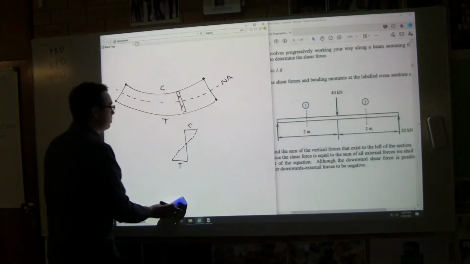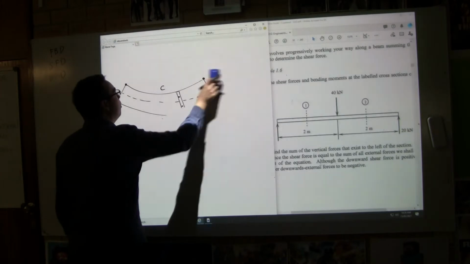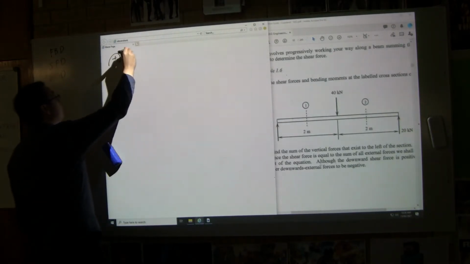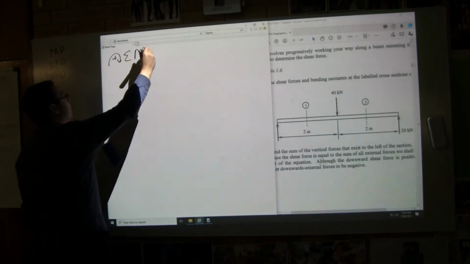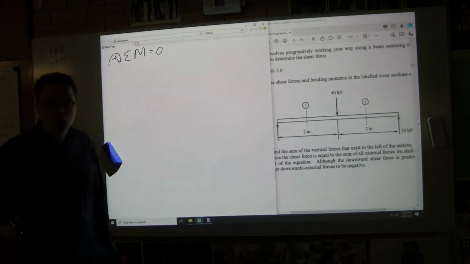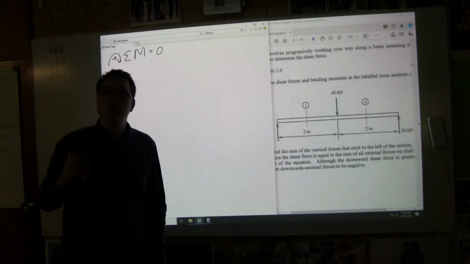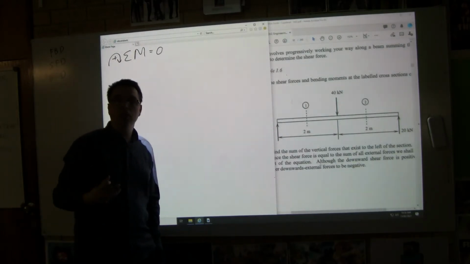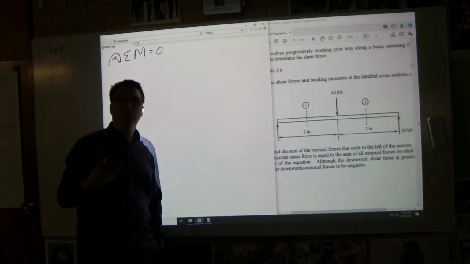Now, in our equations, we always use this formula here: the sum of the forces, the sum of the moments equals 0. That's true as long as the beam is strong enough to hold together. What we as engineers want to do is ensure that formula remains true, that we design things big enough that it's true.